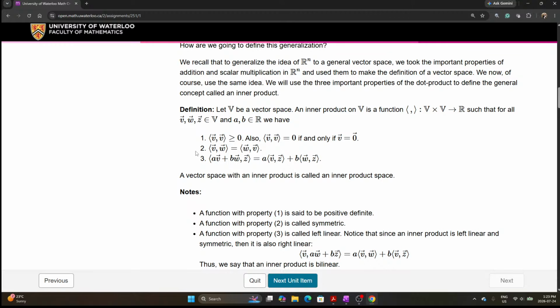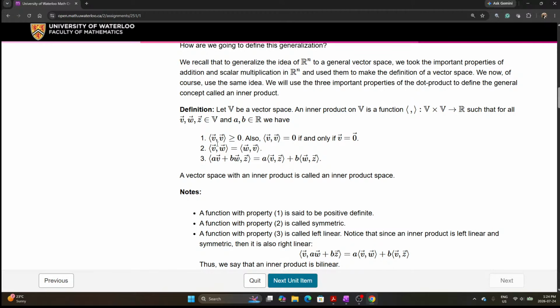From these definitions, you don't know how exactly you would calculate the inner product. You just know how it behaves. Of course, these properties are all inspired by the dot product in R2, R3, Rn. So this is an abstract version of the scalar product or dot product, and the dot product is a special instance of the inner product.